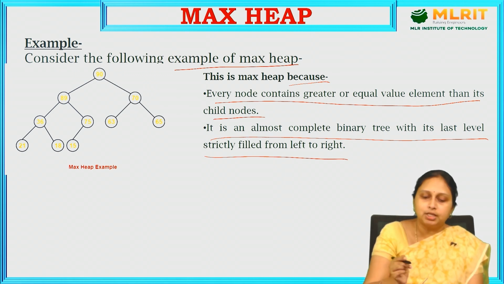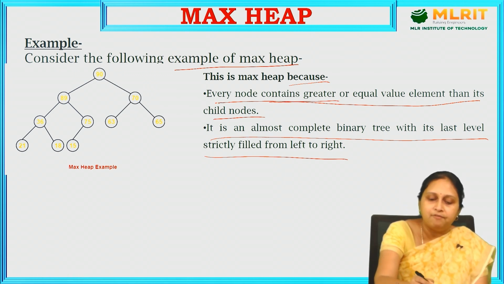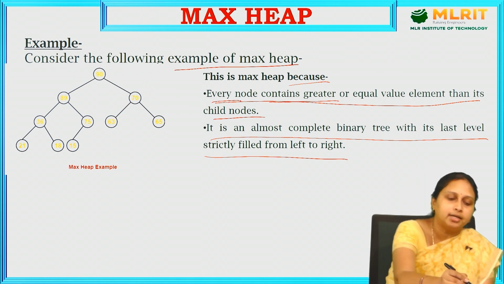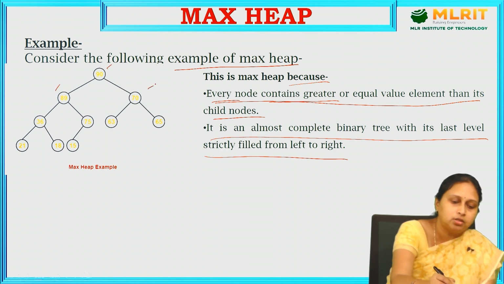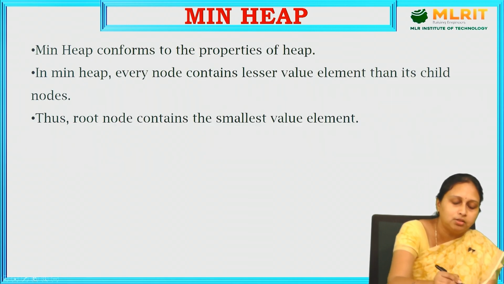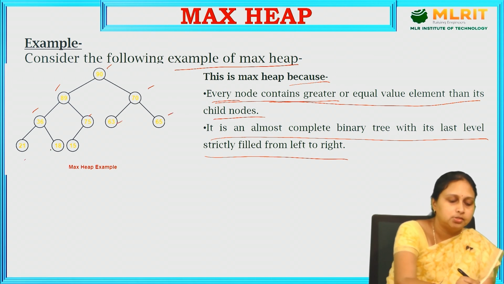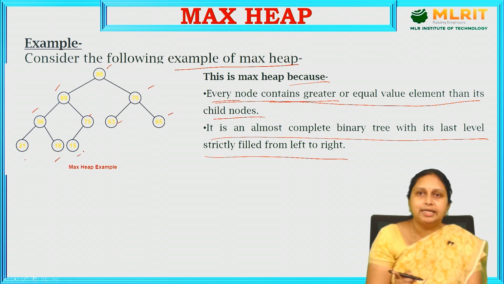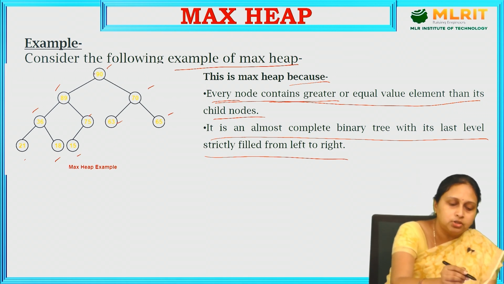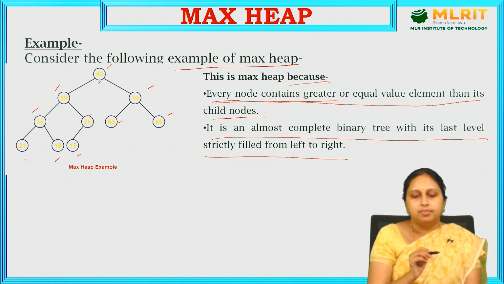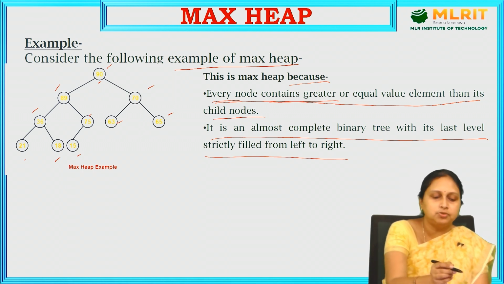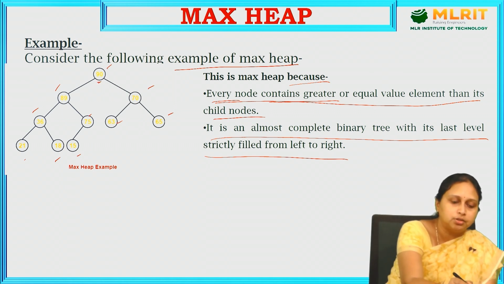Now, you can check the first statement. We need to check every node here. These are the nodes, right? We need to check each and every node. Every node must have a greater or equal value than its child nodes. Suppose I take this node 90.